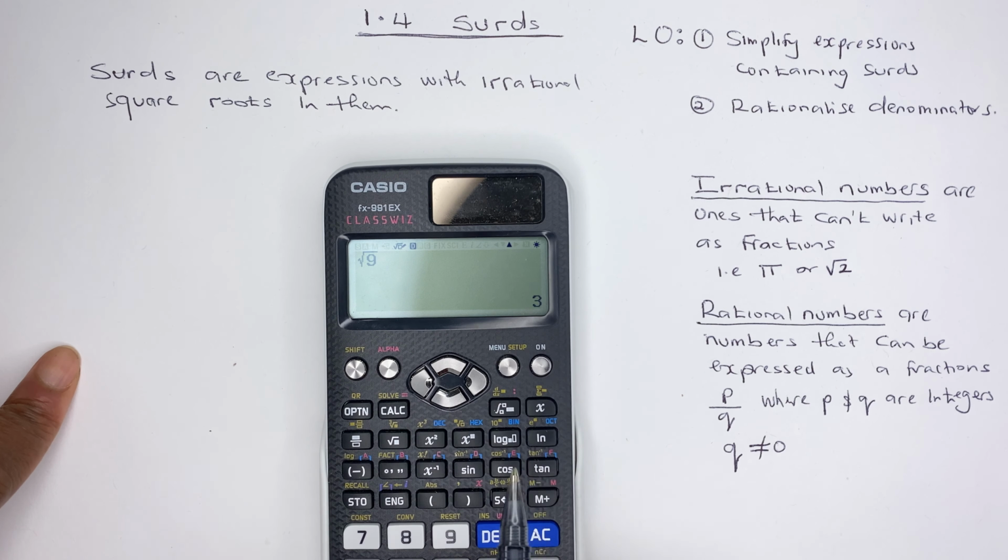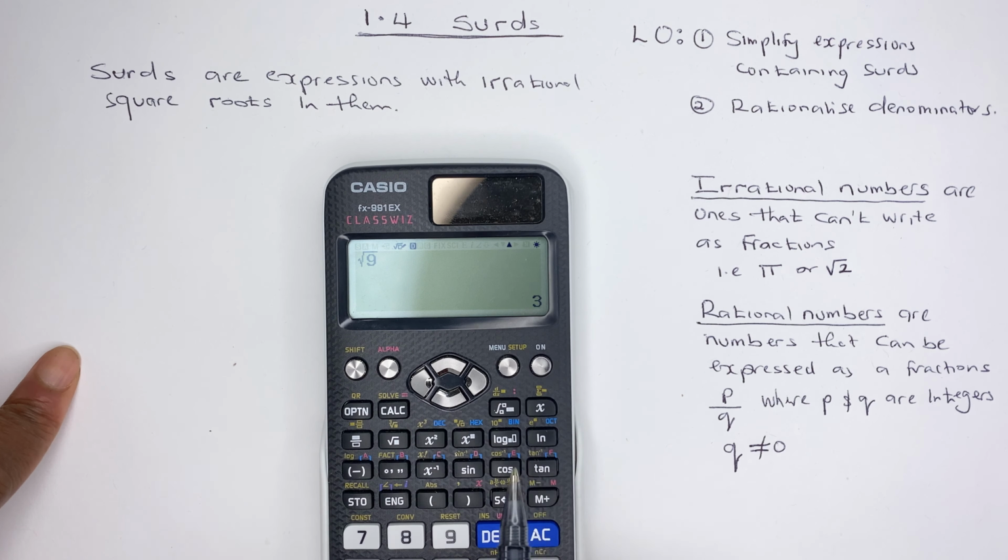So root of 2 is 1.4. Let's do that again just to check. Square root of 2, convert standard to decimal. So that'll be 1.4142, and it goes on.